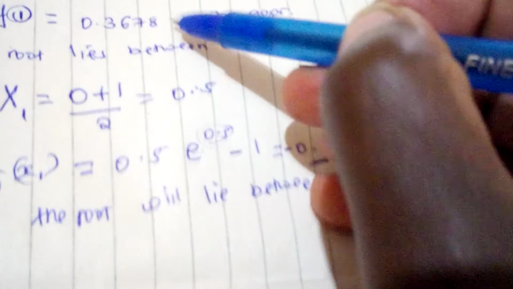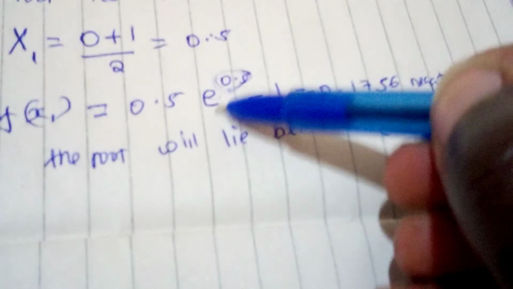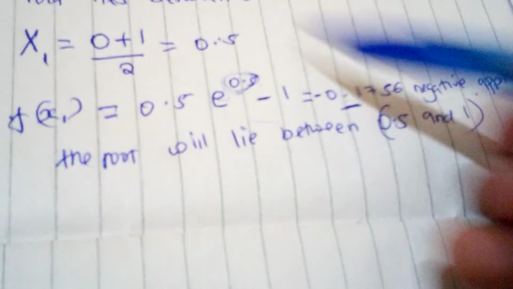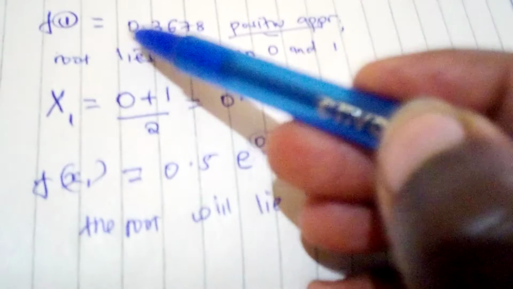So we are going to use 1, which gave us a positive root, and 0.5, which has given us a negative approximation, to find the next successive approximation. So the root will lie between 0.5 and 1.